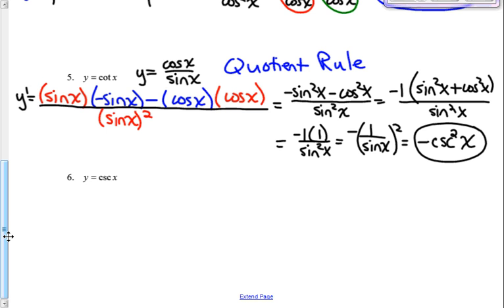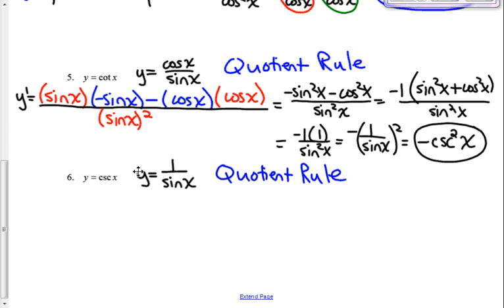And what I'd like to do with cosecant is I want to rewrite it. So the first thing I'm going to do is rewrite cosecant as 1 over sine of x. And this time what I'd like to do is leave it as is and treat it as a quotient rule. So if you would please leave it as a quotient rule and go ahead and find the derivative of cosecant of x.